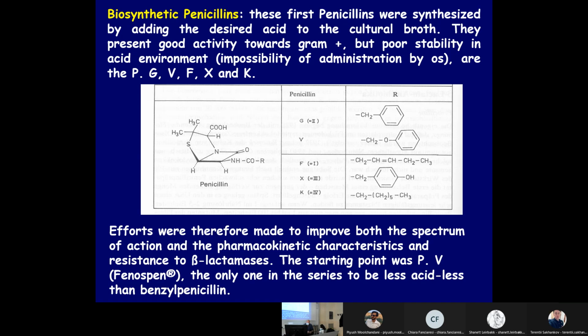And this penicillin is not stable towards beta-lactamases. But nevertheless, it represents the first weapon against infection.